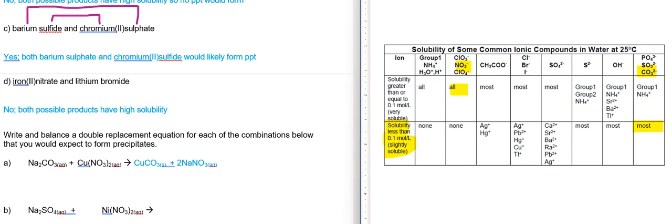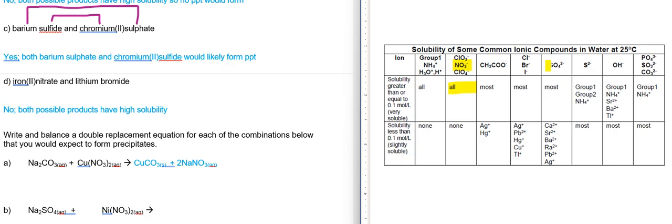If we look at our next example, sodium sulfate with nickel nitrate. So our 2 possible products are going to be sodium nitrate and nickel sulfate. So sodium nitrate, all our nitrates are soluble, so it will be a possibility.